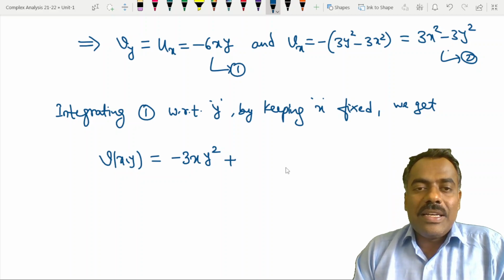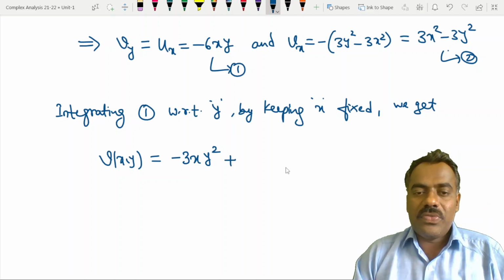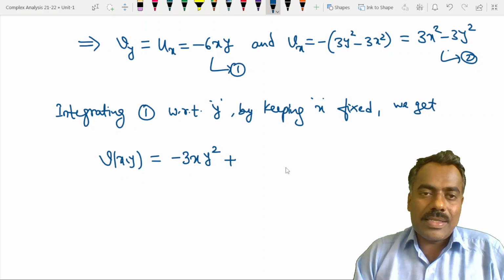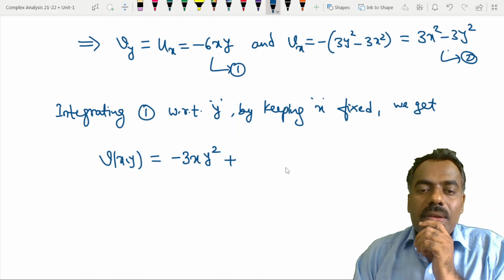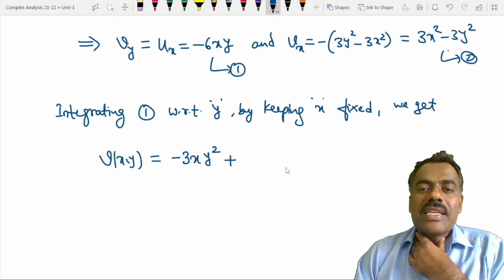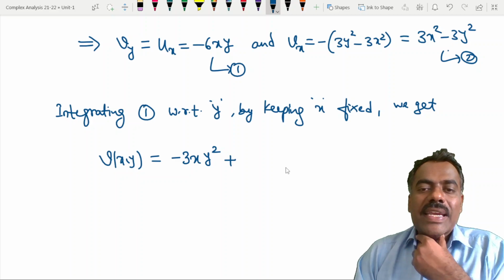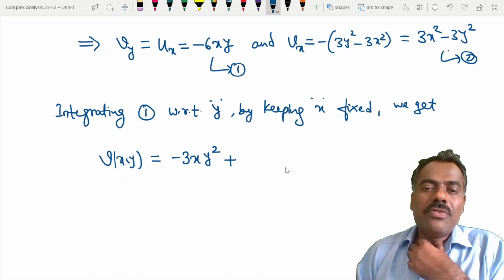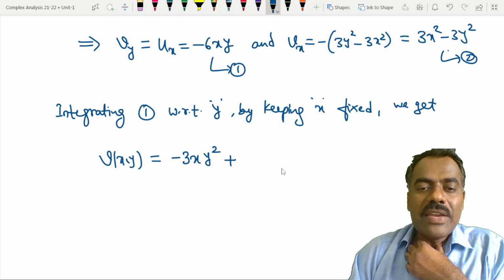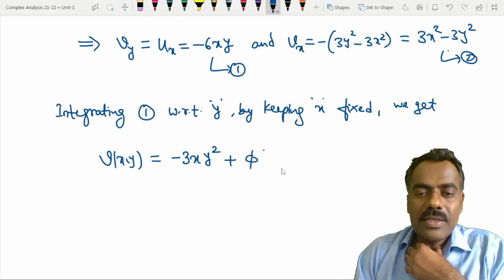But remember, whenever you change some x, you will get some different constant. That means whatever this constant we are getting, it is actually depending on x. Whatever we are going to write here varies based on what x we are taking. So that I will denote by phi x.